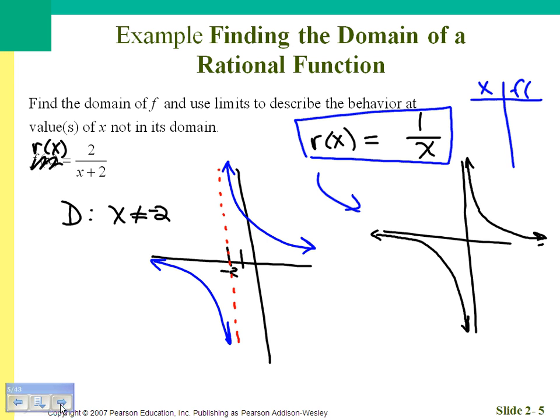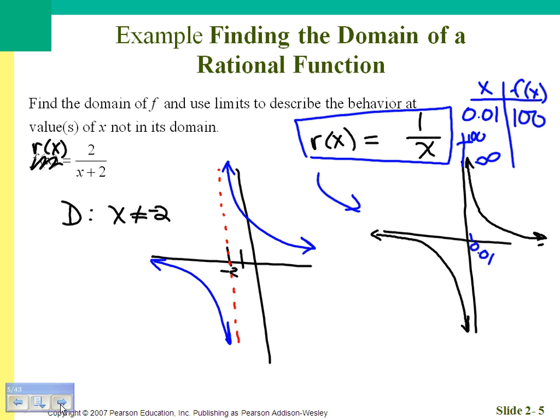When x is a very small number, close to 0, say 0.01, when you divide by 0.01, you end up with 100. So you can see as x gets very small, the y values get very large. As a matter of fact, the limit as it approaches 0 from the positive side is infinity. So you end up with a limit up here of infinity.